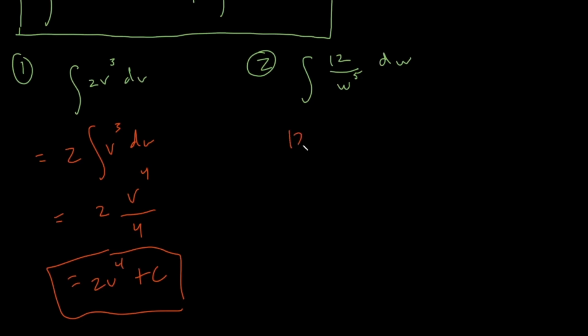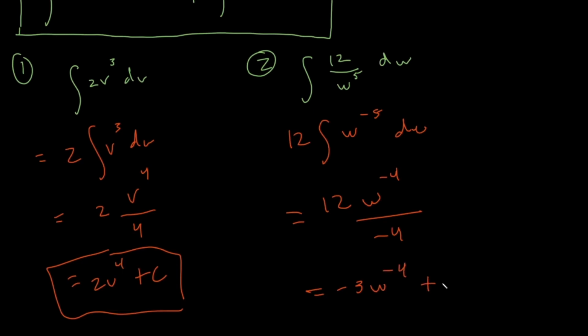This would be 12 antiderivatives of w to the negative 5. So increase the negative 5 by 1, you get negative 4. Divide by negative 4. 12 divided by negative 4 is negative 3 w to the negative 4. Any questions about these?